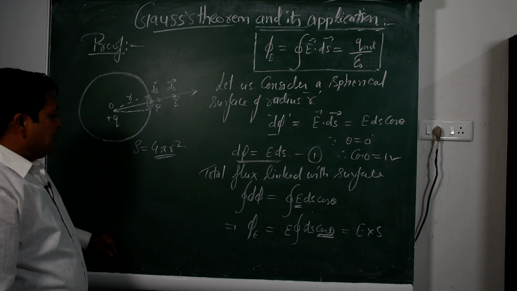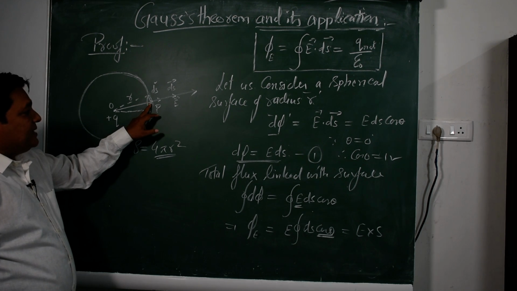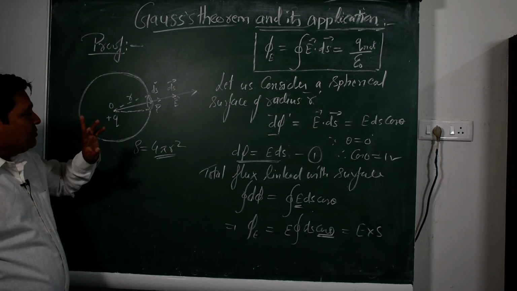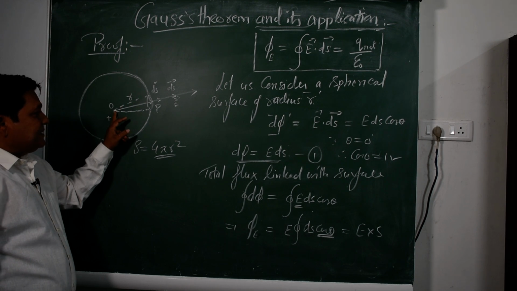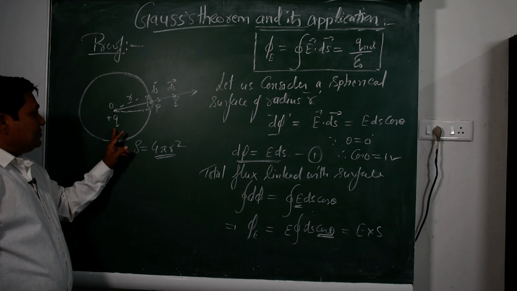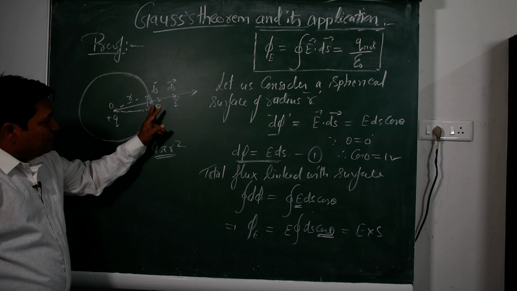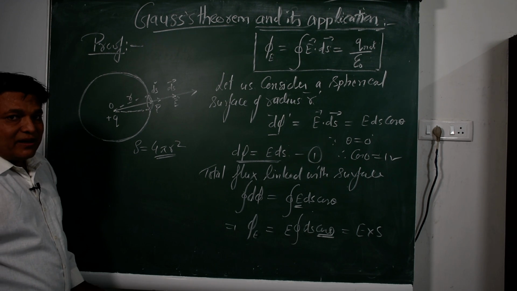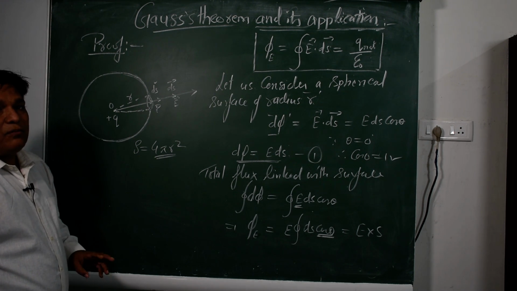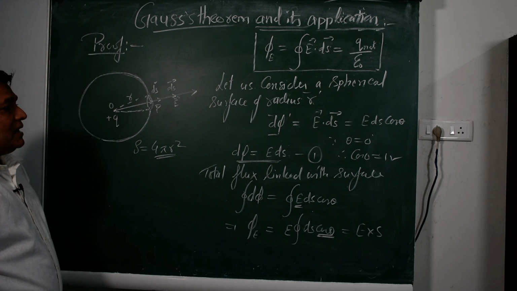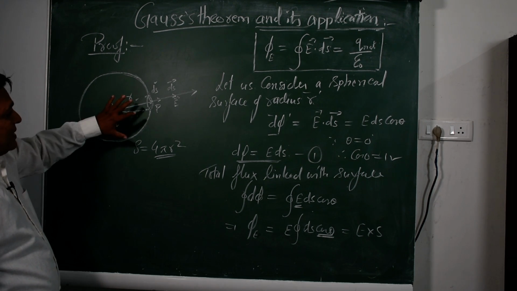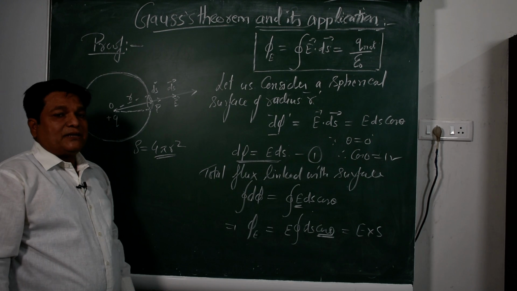What is E? Electric field due to a point charge at P here. According to its formula, its distance is r from the center here. Charge is Q. Then the electric field due to the point charge at P will become 1 by 4 pi epsilon naught Q upon r square. Why are we taking epsilon naught?